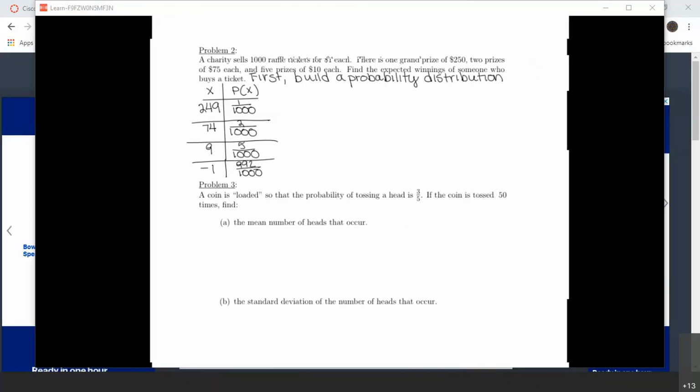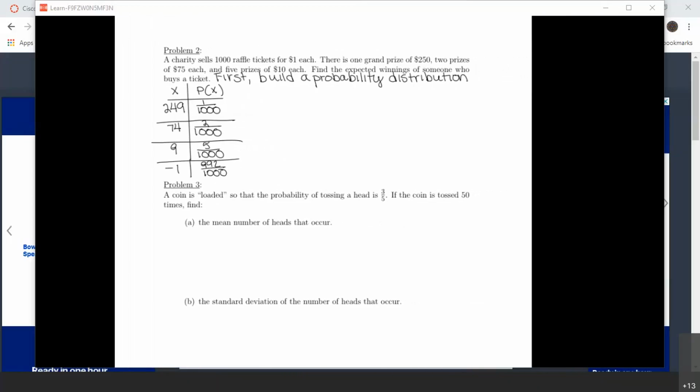Okay, so there's my probability distribution. All of these probabilities are between 0 and 1. And if you add them up, you're going to get 1,000 over 1,000, which is 1. So I know I have a valid probability distribution. Now again, for expected value, the expected value of my random variable is each outcome times its probability.